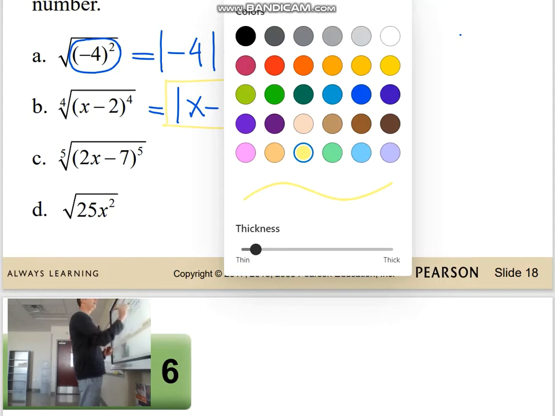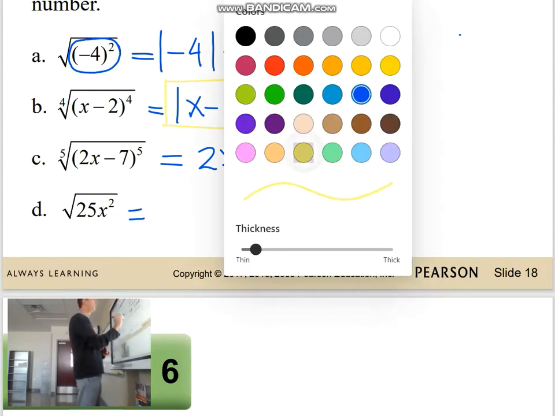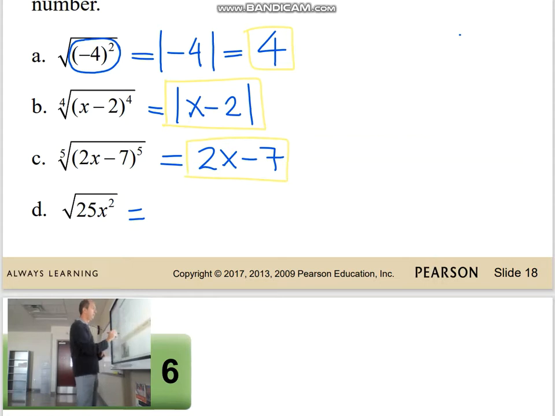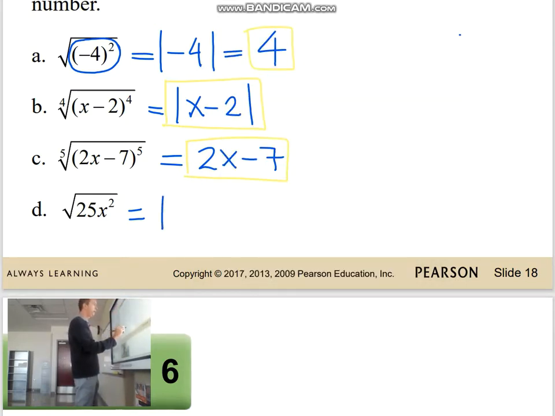And a is 2x minus 7. And the square root of 25x squared, well, again, this is the first rule, the absolute value of 25x squared.